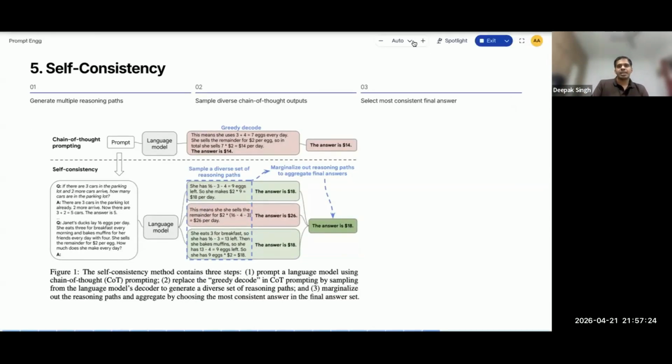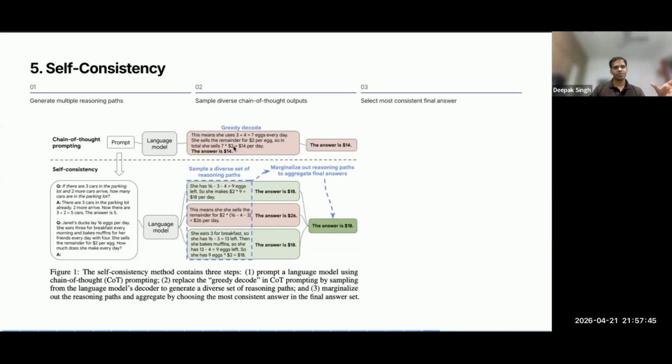Right. The next technique, which is very, very useful, is self-consistency. And this is also something that we have done in our preparation for competitive exams and other things. This is basically asking it to generate multiple answers.